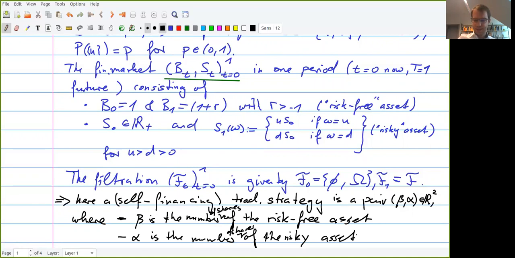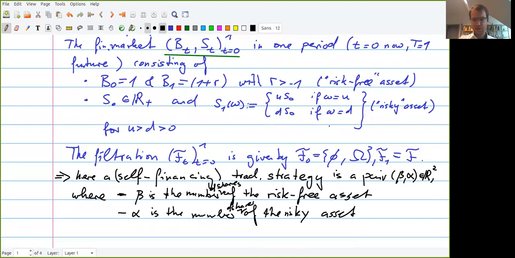All right. This turns all the mathematics into a rather simple framework.